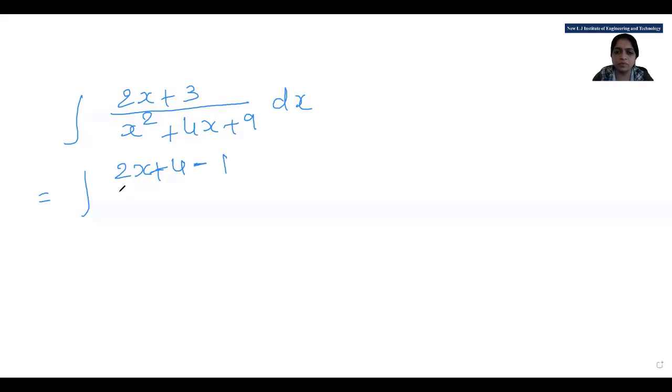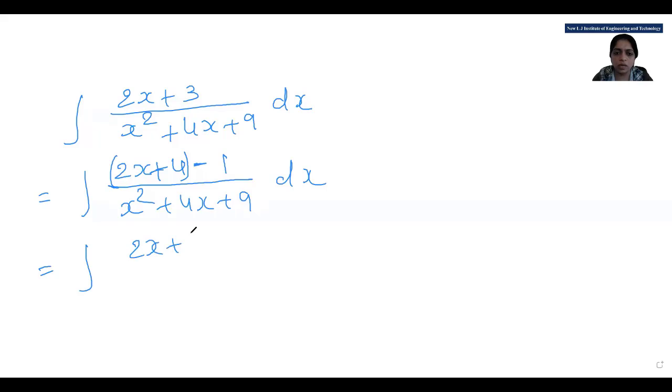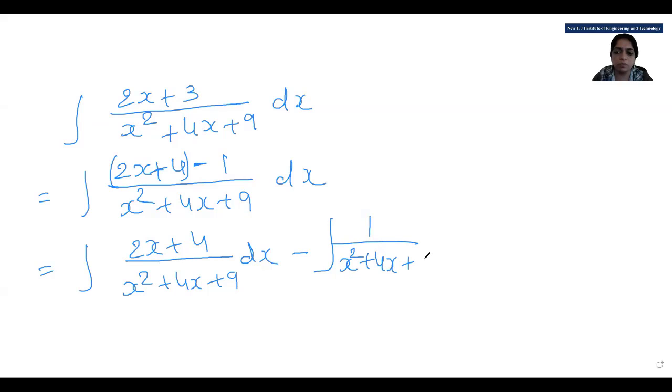Add 1 and subtract 1, so there is no change in the value. Then we split the main integration into 2 parts, that is 2x plus 4 upon x square plus 4x plus 9 into dx minus integration of 1 upon x square plus 4x plus 9 into dx.